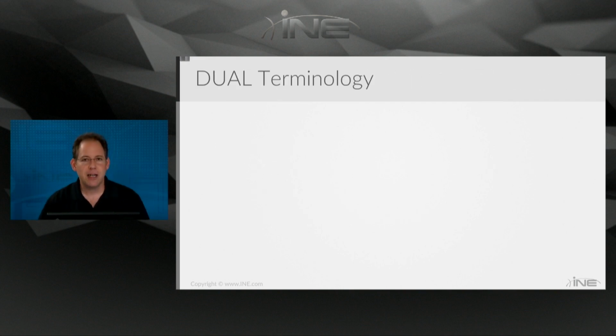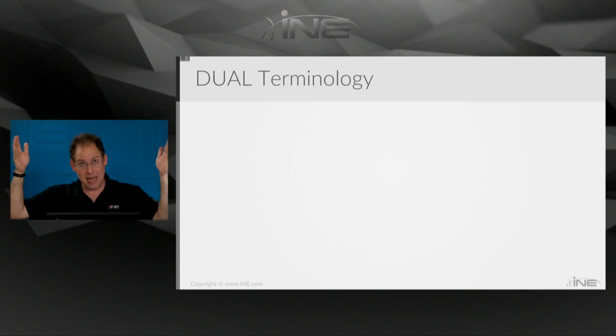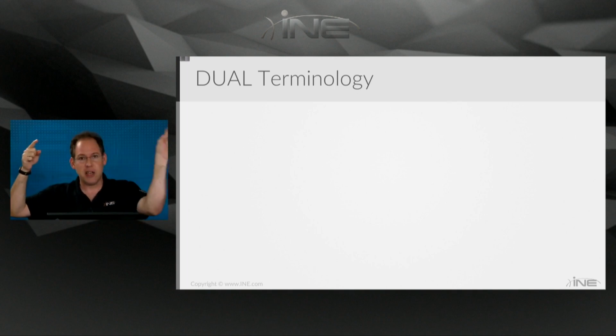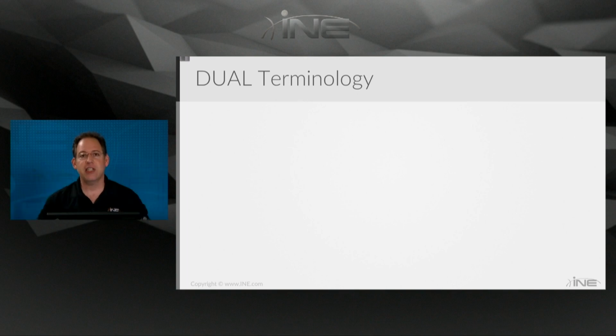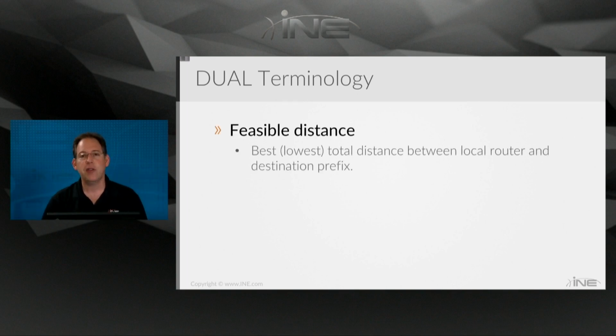All right, now some other terminology, and this is going to be with regards to distance. Remember, distance is the name of the EIGRP metric, and distance is a big number that comes as a result of that big nasty formula that we saw. 256 times all these values equals EIGRP distance. So the first one we need to know is something called the feasible distance. So in that exact same scenario where I am your feasible successor, I'm not quite as good as that guy.